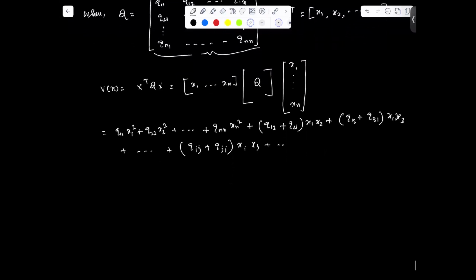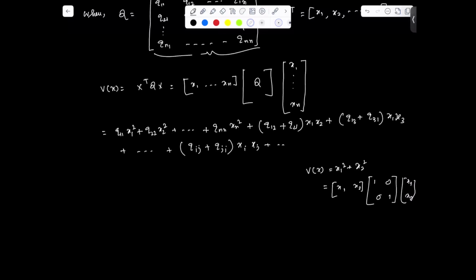Now if you take a simple example, for example, the function V of x equal to x1 squared plus x2 squared, we can write it as [x1 x2] times the matrix [[1,0],[0,1]] times [x1 x2] transpose.